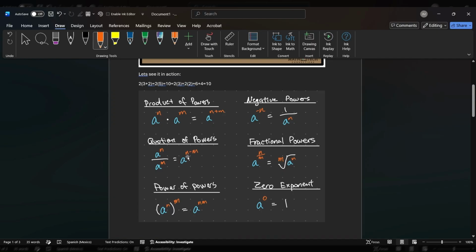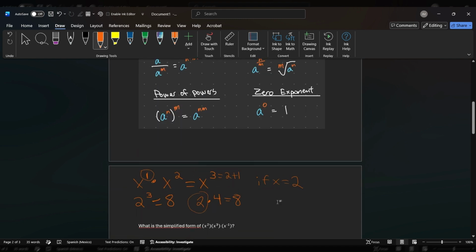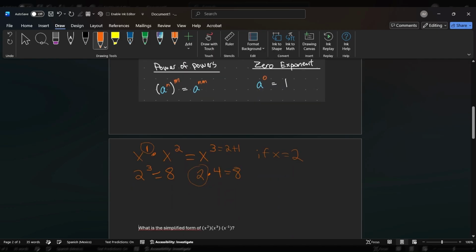Now, what this basically means is that all negative exponents are actually just division, just a denominator, as follows.